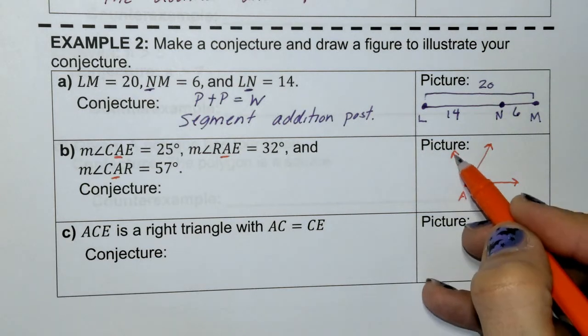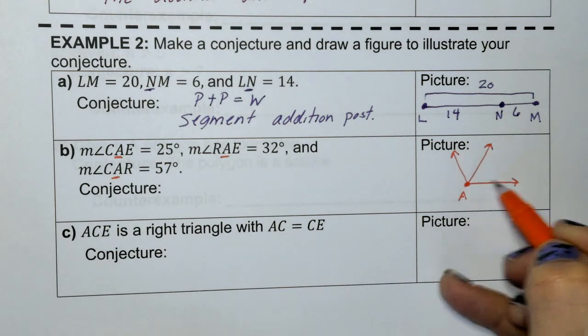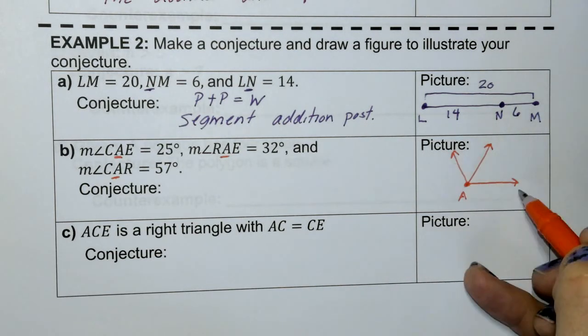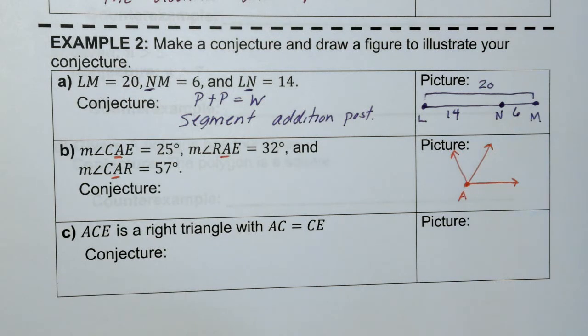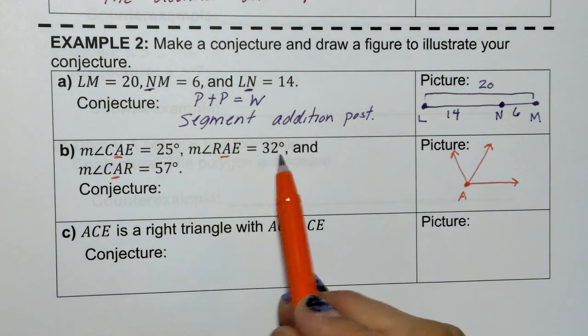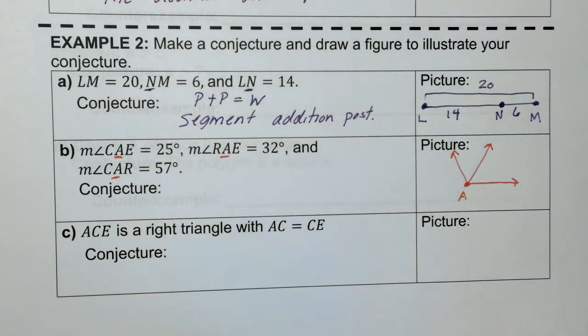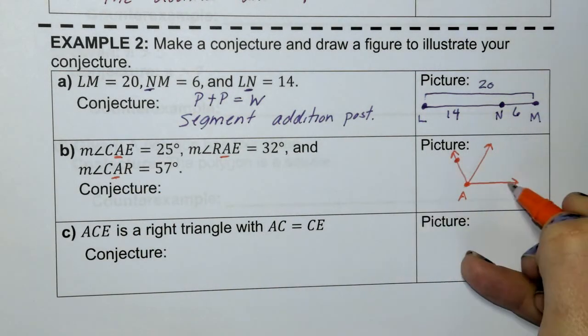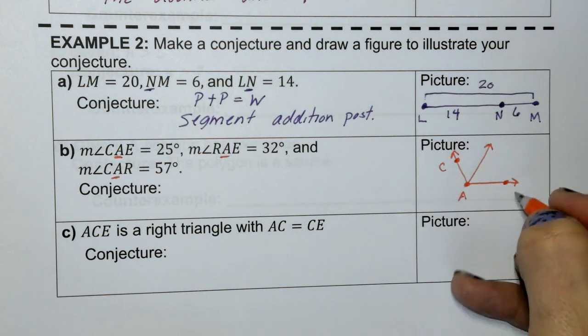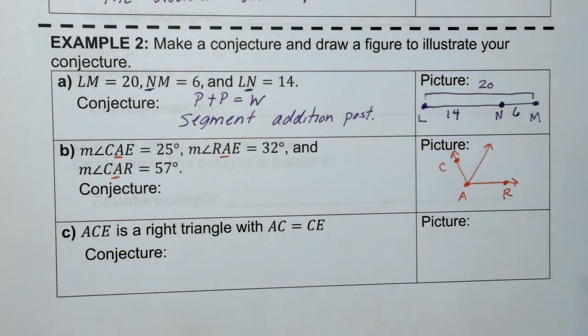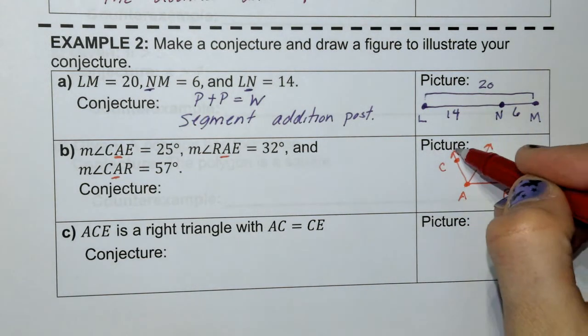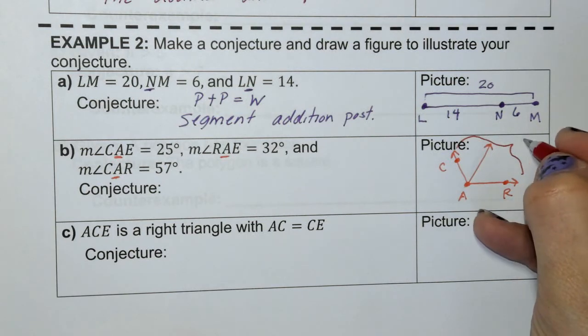So now we have, here's an angle, and then here's an angle, and some of you've probably already picked up on this. We look over here and we see the measurement of angle CAR. So CAR is the biggest measurement, so that's going to tell us that C and R are going to be on the outer rays, and this measurement is 57 degrees.